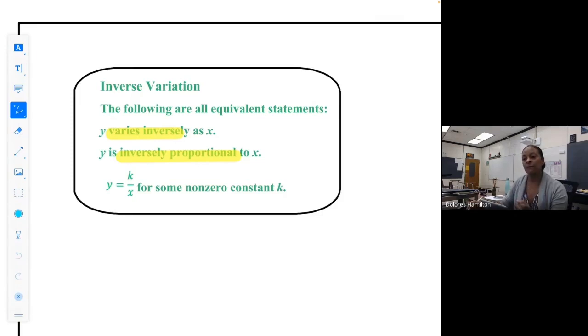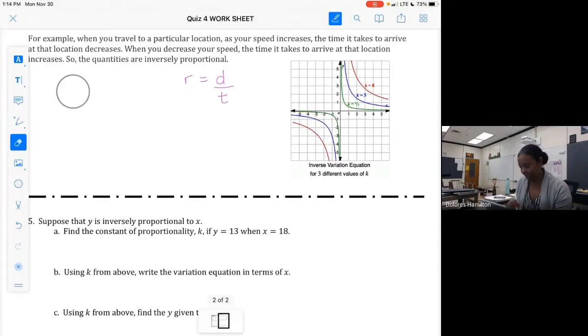This is explaining to us that as one increases in value, the other decreases in value. So as one, for example the x, gets really big, the y gets really small. So if I thought about speed, r equaling distance over time, as my speed increases, my time decreases.